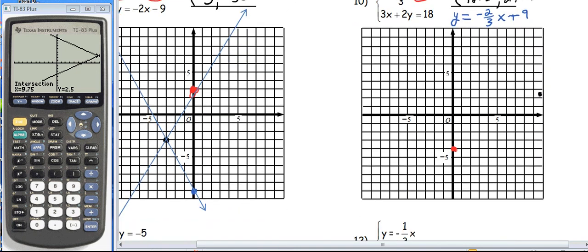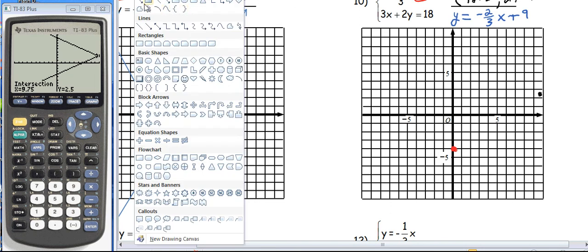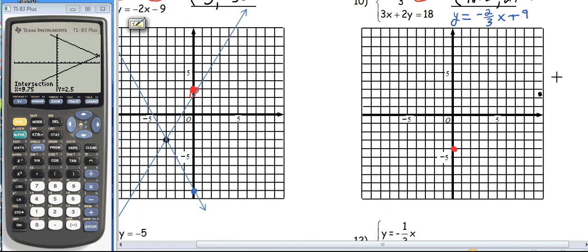And I can draw my line, my graph. Get this lined up so it goes right through my point. There we go. Of course, if you're using a ruler, it will come out looking much better.